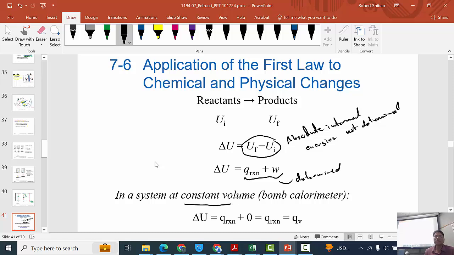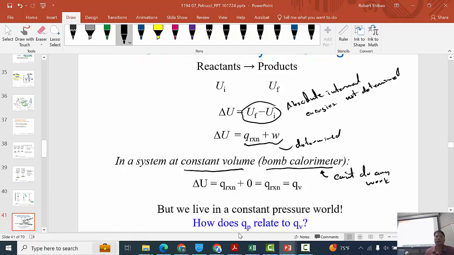Okay, in a system at constant volume, like for example in a bomb calorimeter, you can't do any work. And so in a bomb calorimeter, the work term is 0. It's just stuck in this bomb.